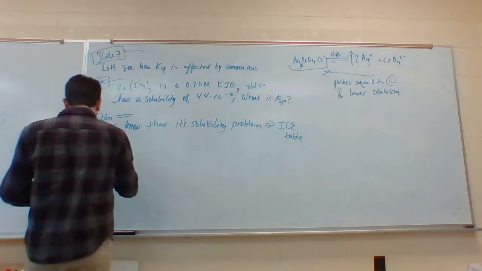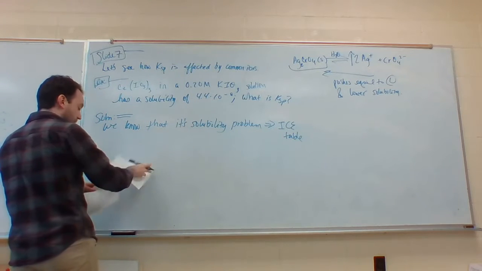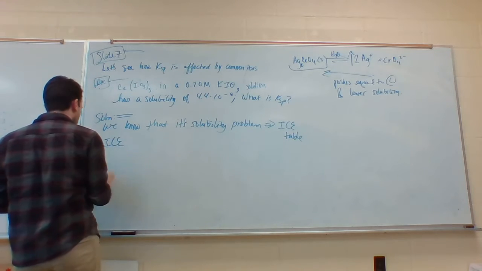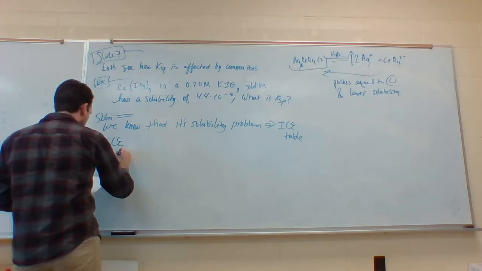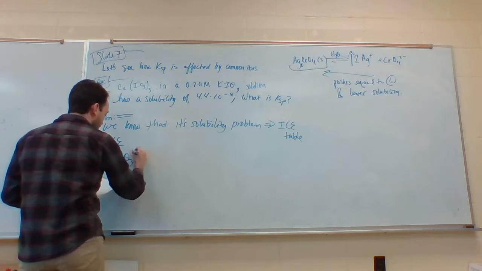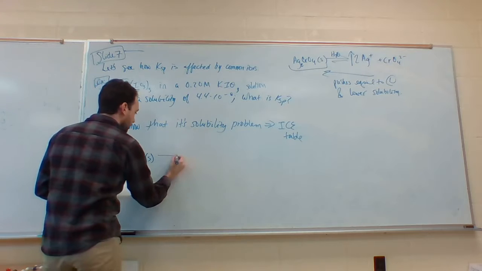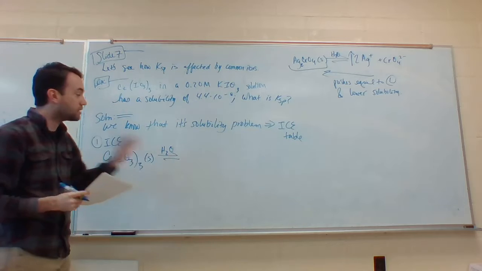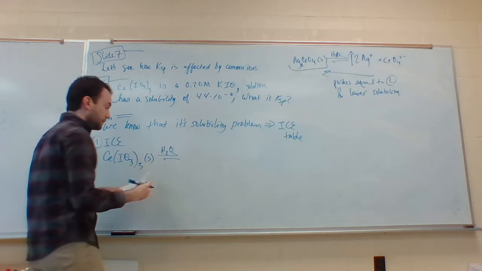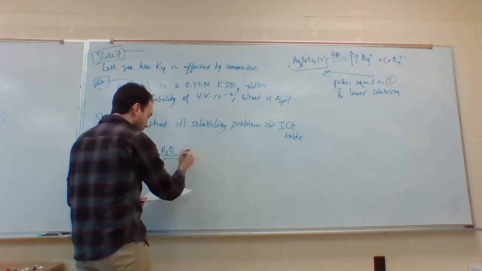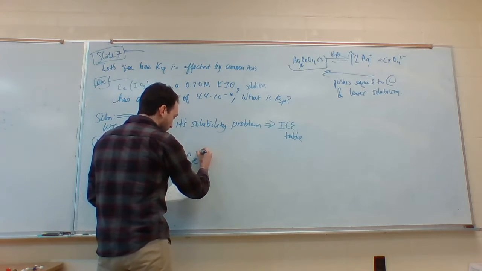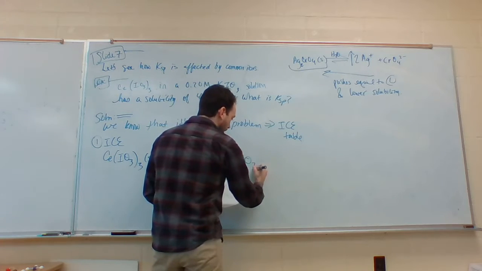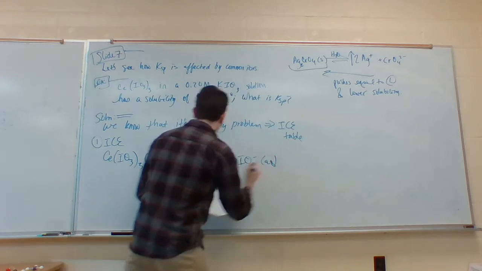So, we're setting up an ice table. So, step 1, let's write our ice, which is going to be CeIO3 solid. We're going to throw that into water. Again, we're leaving out our water because that column would just go away. Okay, and that dissociates and forms an equilibrium with Ce3 plus aqueous plus 3 iodate ions that are also aqueous.